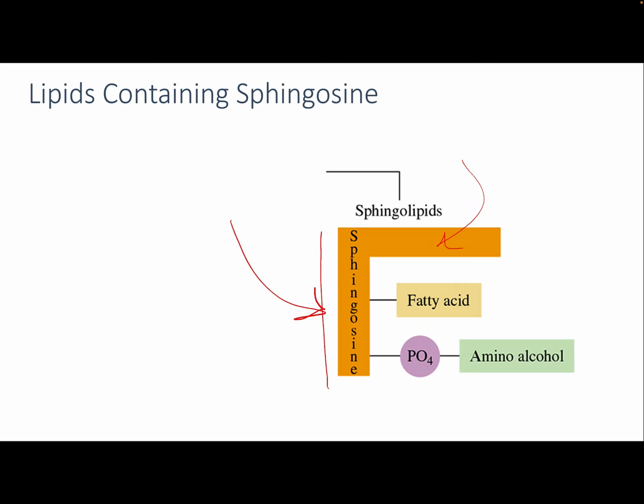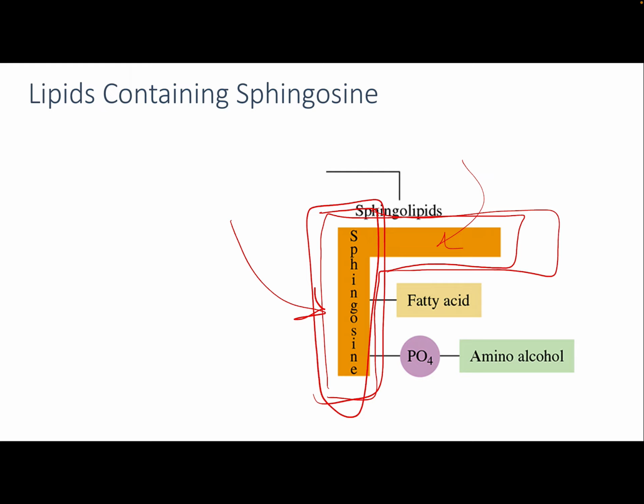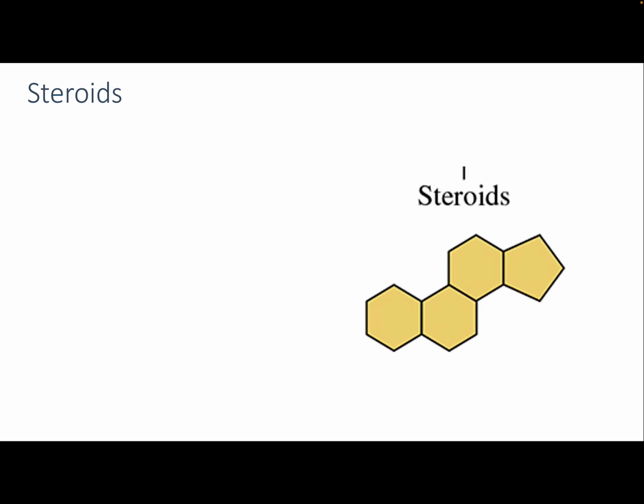But what this is supposed to represent is that it's kind of like glycerol with a fatty acid already built onto it. This is also an alcohol, this sphingosine. So these would be sphingolipids. And then we have steroids, and of course there's waxes as well, which I don't think I've shown on here. I'll show you a structure of a wax here in a second.